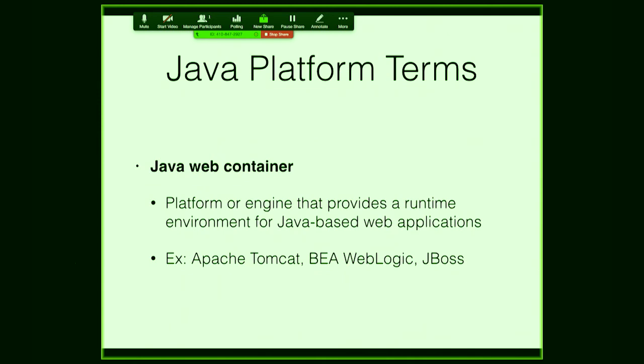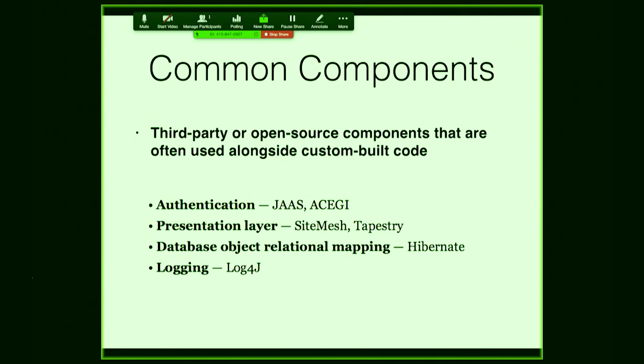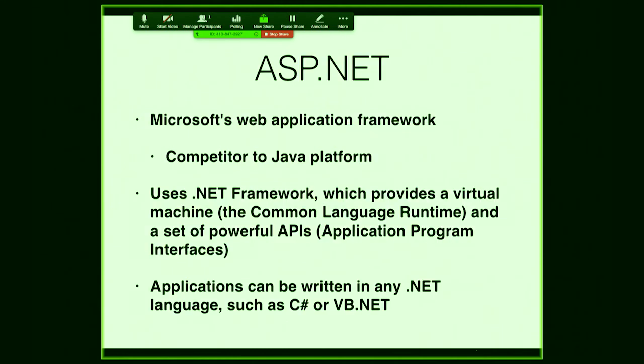I've done a little bit of it here and there, enough to sort of hate it, but it is important. You have to know about it. It's a real thing out there. All right, and there are often third-party components included, like components for authentication and presentation and database relationships and logging that are added in.